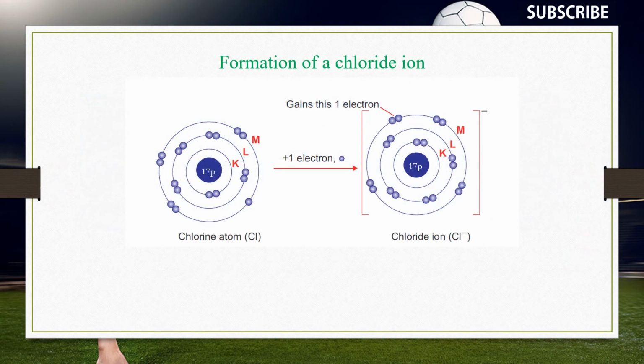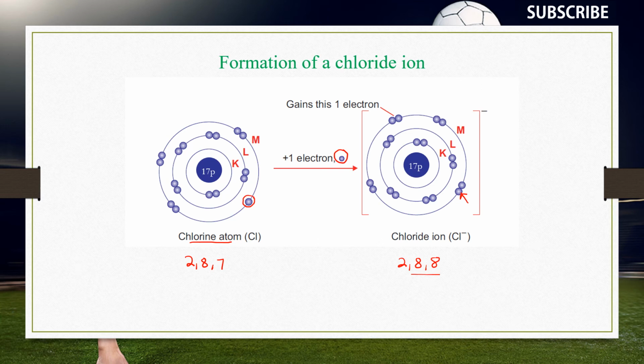So using chlorine as our reference non-metallic atom, we shall see that it has 7 electrons in the outermost energy level. However, for it to be stable, it must have a fully filled outermost energy level, and as such it will have to obtain 1 electron so that it obtains a 2-8-8 electronic configuration.